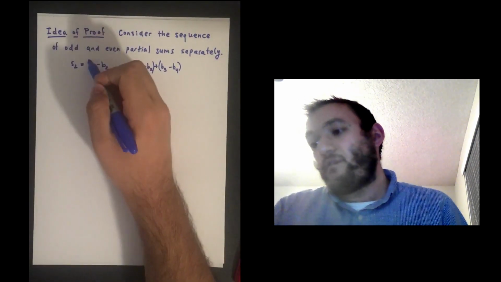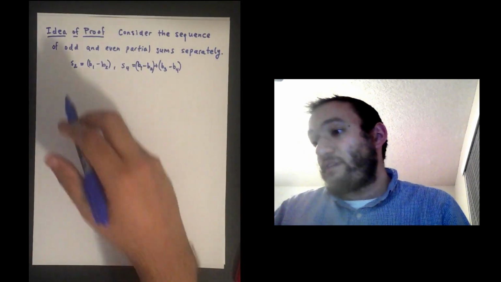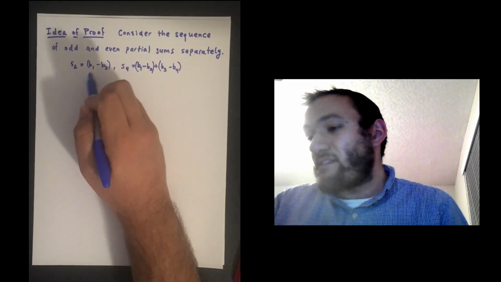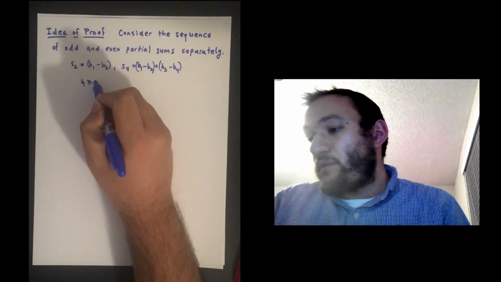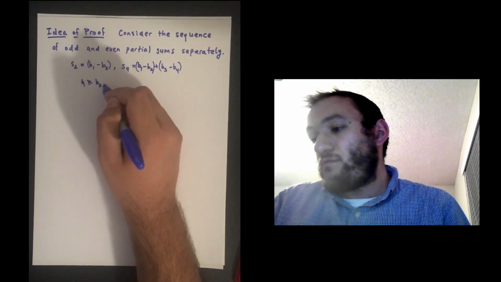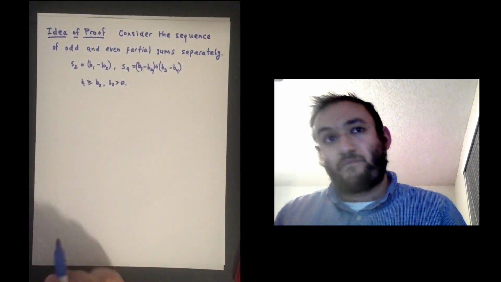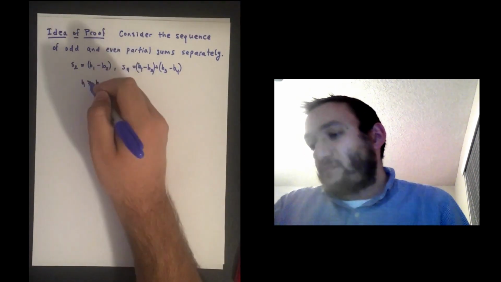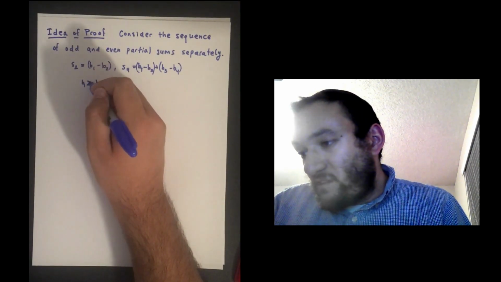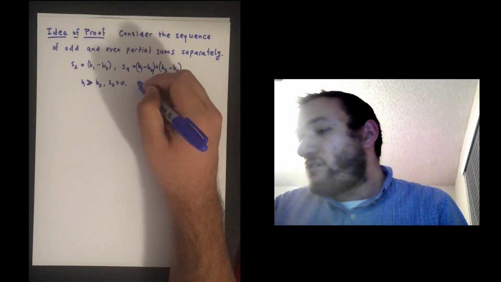Okay? So what we'll notice about each of these, and the same is true for all subsequent even partial sums, is that since b_1 is greater than or equal to b_2, we know that S_2 must be positive. Okay? The partial sum there must be positive. And let's actually make this a strict inequality. So b_1 is strictly greater than b_2, so S_2 is positive.